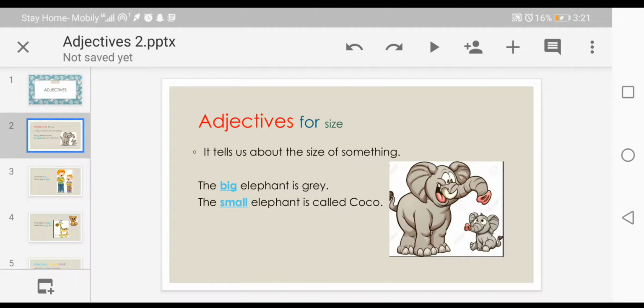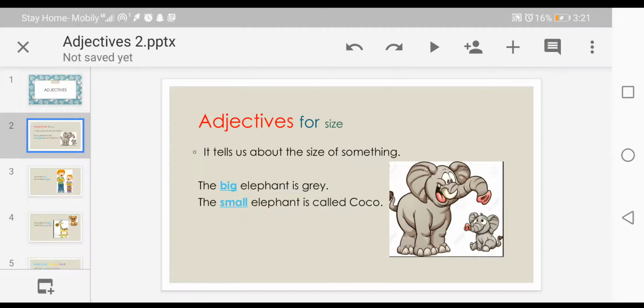Now today, we will focus on, first of all, adjectives for size. When you use adjectives for size, the adjective tells us about the size of something, like big, small, huge, for example.